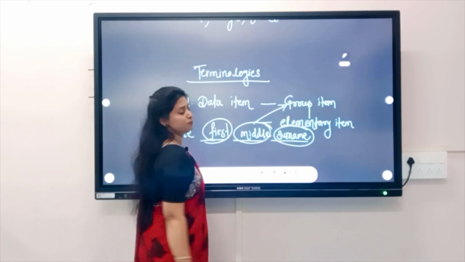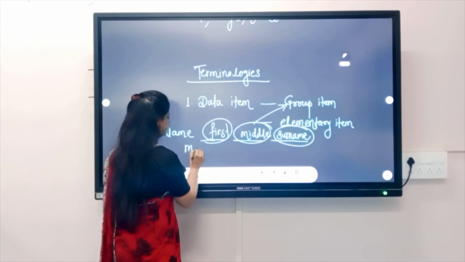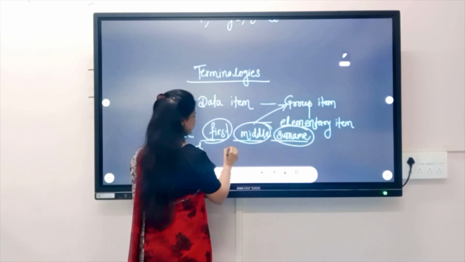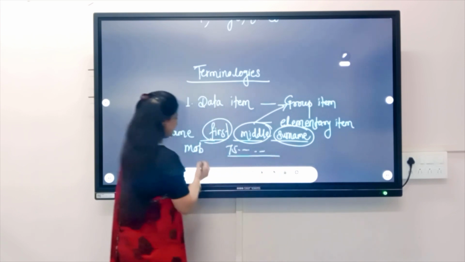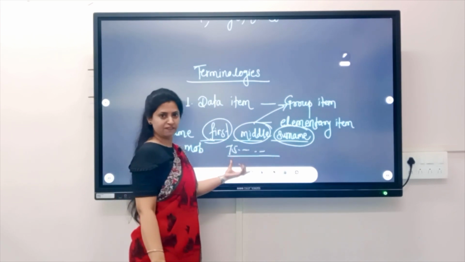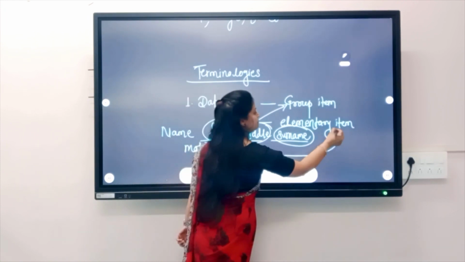If it cannot be divided, then it is called an elementary item. For example, if we consider a mobile number, this mobile number cannot be divided into a number of parts. So we will consider this an elementary item.